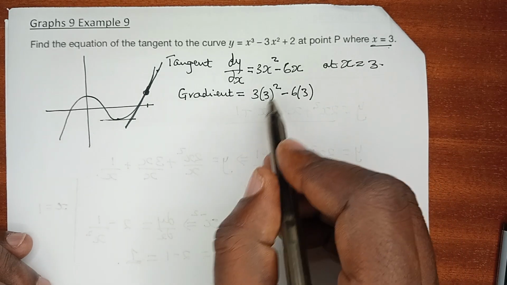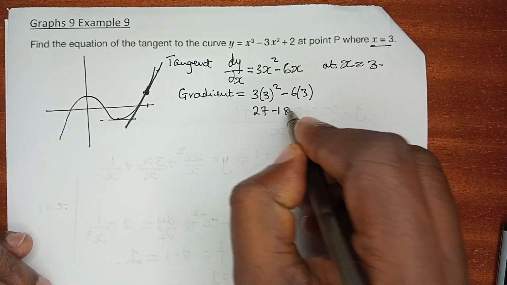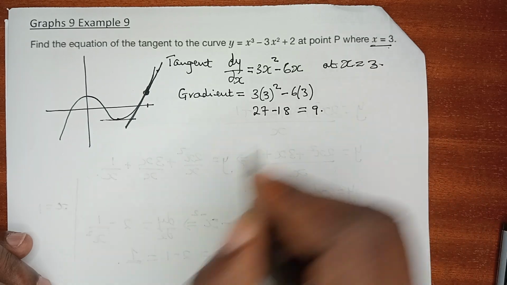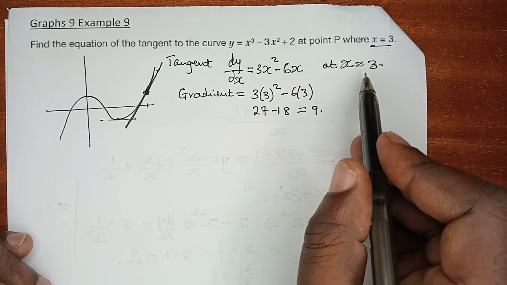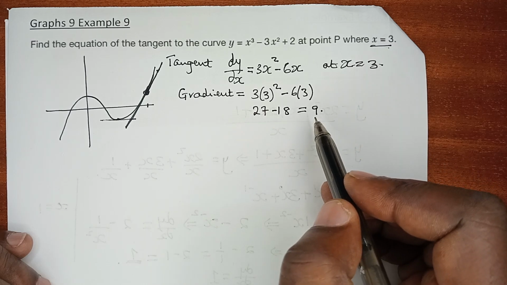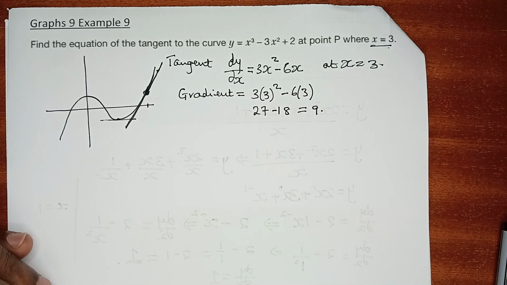This is 9 times 3, which is 27, minus 18, which is 9. So the gradient of the curve at x equals 3 is 9, and so is the gradient of the tangent.